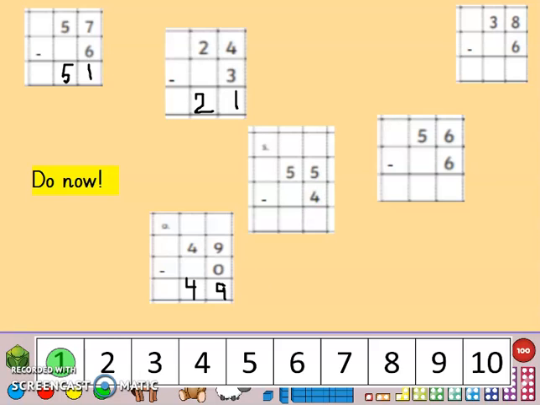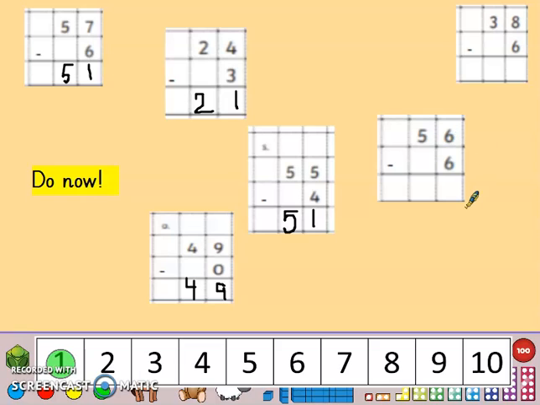5, take away 4. Put up 5 fingers, take away 4 fingers, 2, 3, 4. How many do you have left? 1, 2, 3, 4. Well done. Again, 1. 5 doesn't change because there's nothing here in its column to take away from it, so I just need to remember to always put it on.